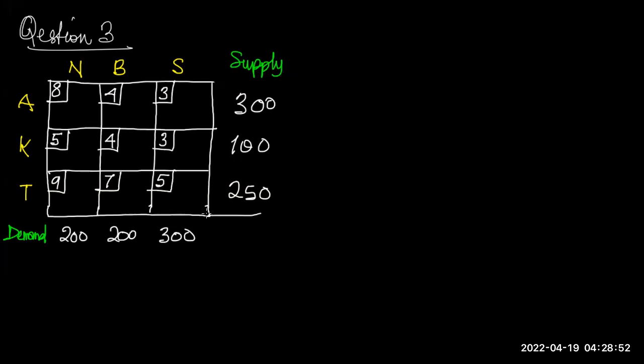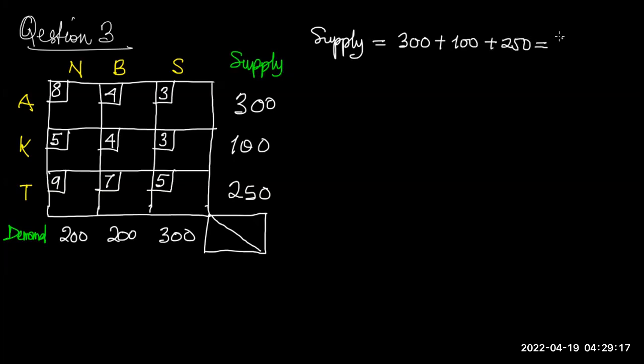Our first responsibility is to check whether the tableau, or the problem, is balanced. How do we do that? We need to check demand and supply. Demand must be equal to supply. So step one, check to be sure that demand is equal to supply. For supply, we have 300 plus 100, that is 400, plus 250, which is 650.